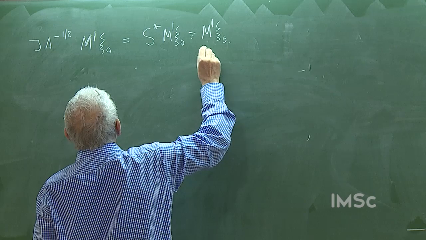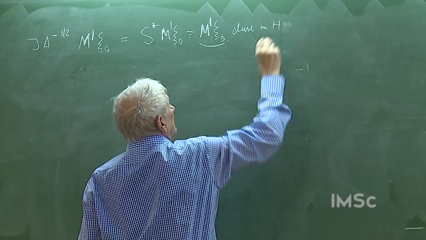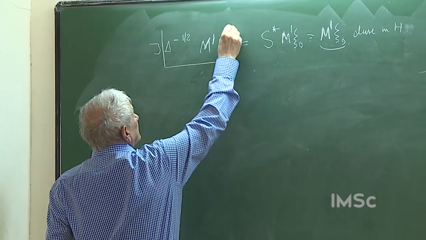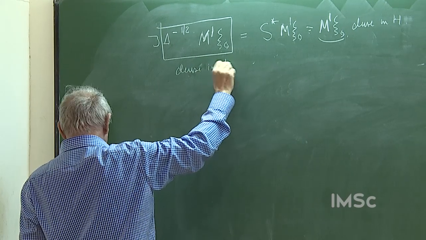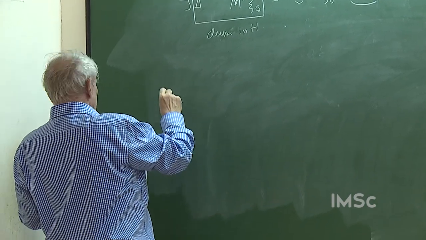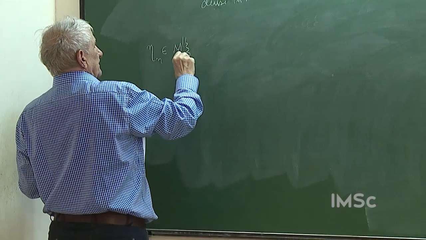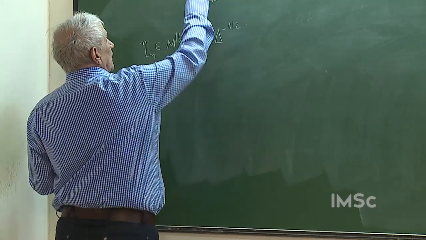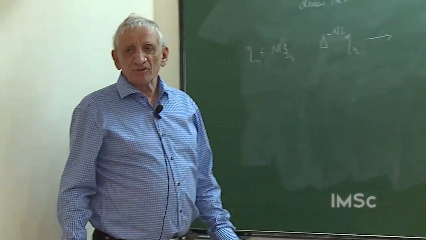And this one is dense in H. As J is a conjugation, it follows that also this portion is dense in H. So we can find elements eta n belonging to M prime psi naught, such that delta minus 1/2 of eta n converges to a given element in the Hilbert space.